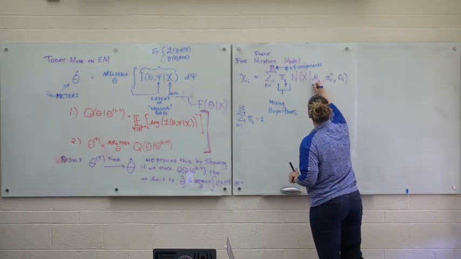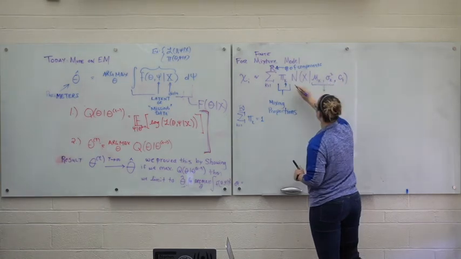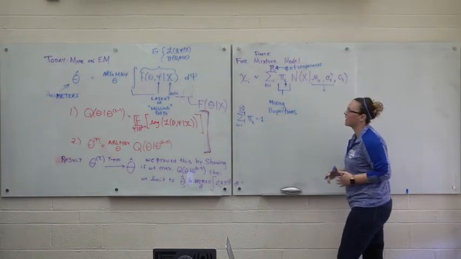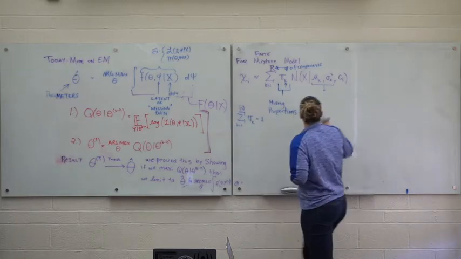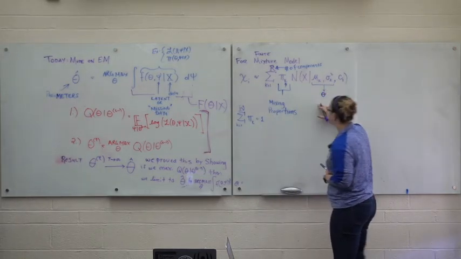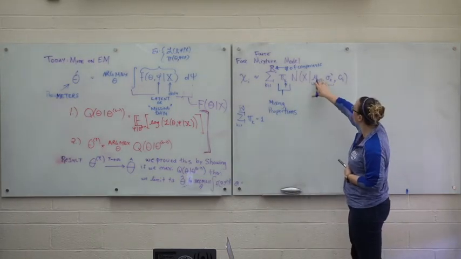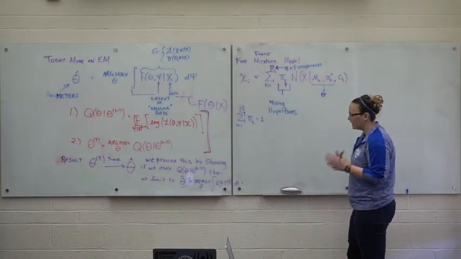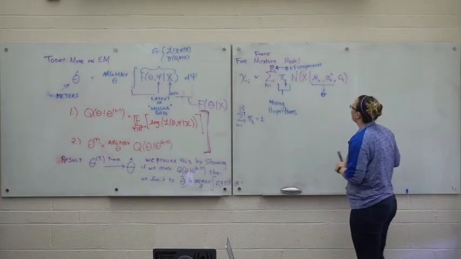Next, here are our parameters with respect to a normal. Last time in this type of setting, I was calling it theta. If I use theta, it's representing the whole set. Sometimes I intermix them, it happens.